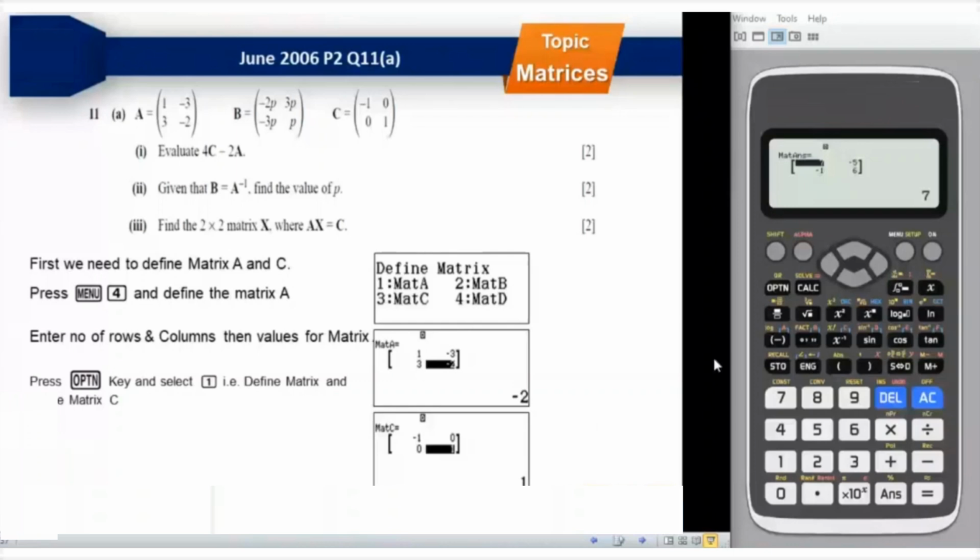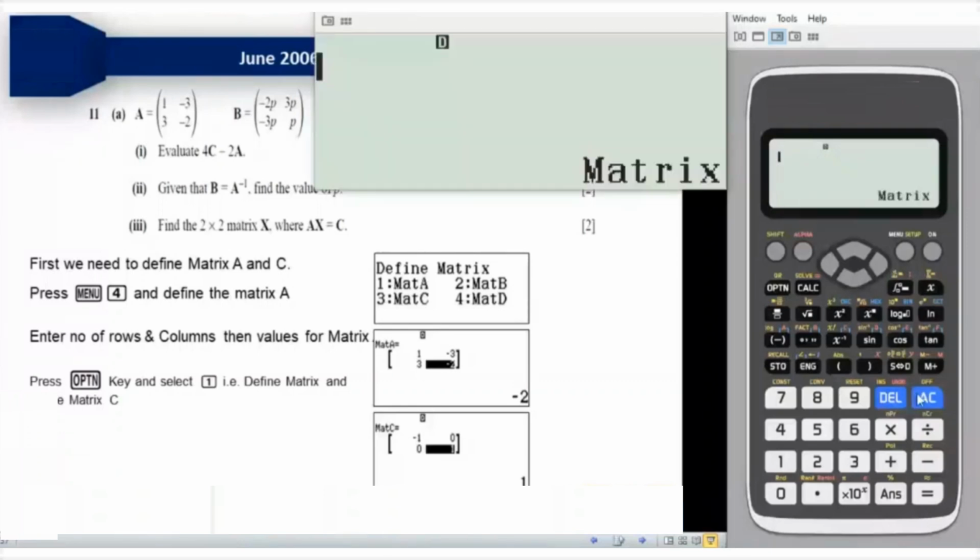I would also like to tell you that since this is a different question, there are some values stored in this calculator. So in order to remove those values which are already stored, there is a reset button which you can use to clear every memory that the calculator has. So you press shift, you press 9.